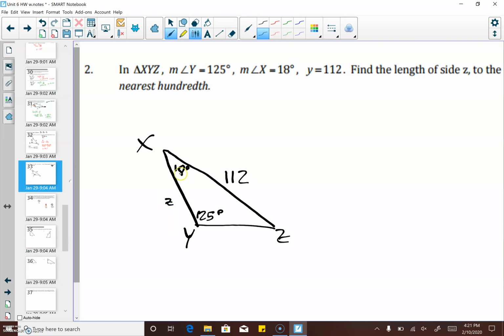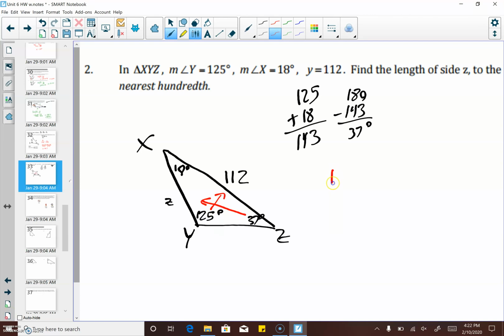Well, we don't have angle Z, so we need that one, and that's pretty simple. We're going to add up the 125 and the 18 to get 143. We'll subtract the 143 from 180, and we get 37 degrees. So now we have enough information to set up our problem. Remember we're talking about opposites, so the 37 and the side z, and the 125 and the 112. So 112 over sine of 125 equals z over the sine of 37.